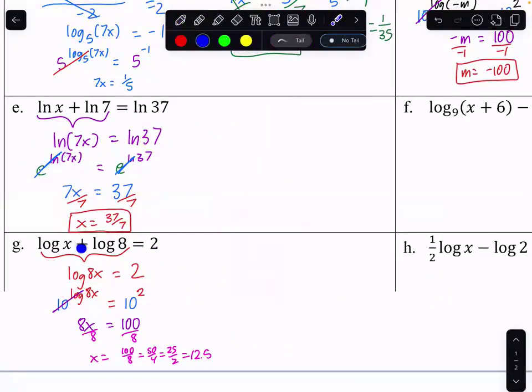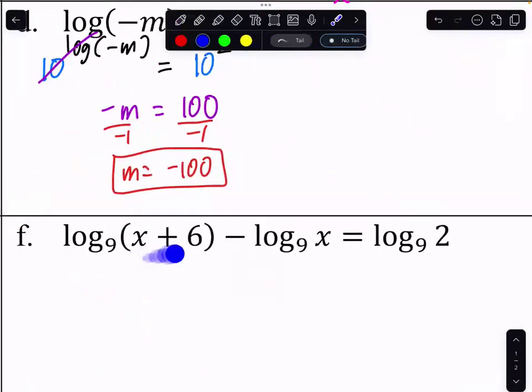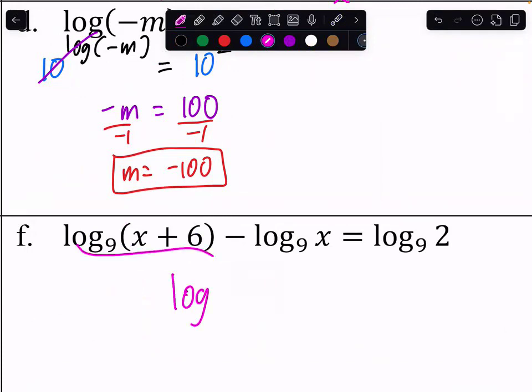For these two, we combined the addition of two logarithms, but we also know how to combine the subtraction of two logarithms. So log base 9 of quantity x plus 6 minus log base 9 of x. We want to combine these together. It's going to stay a log base 9.